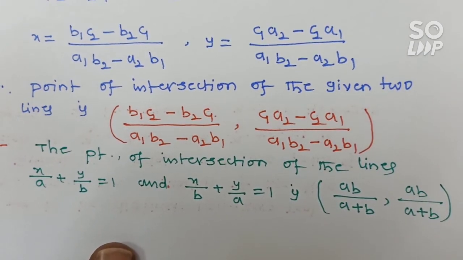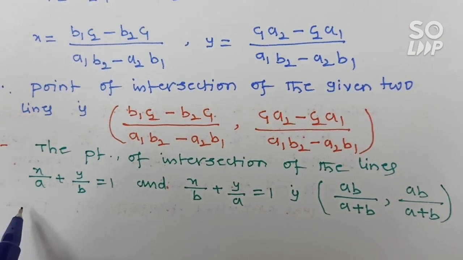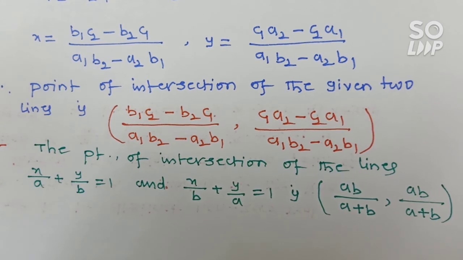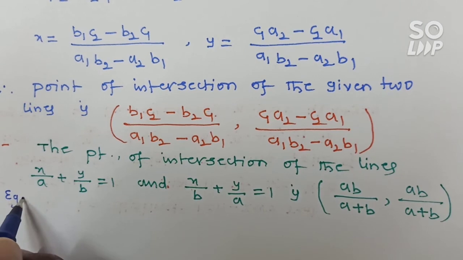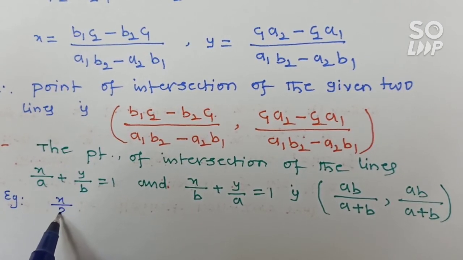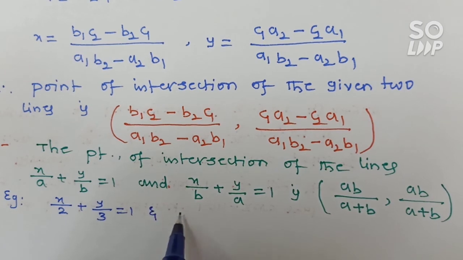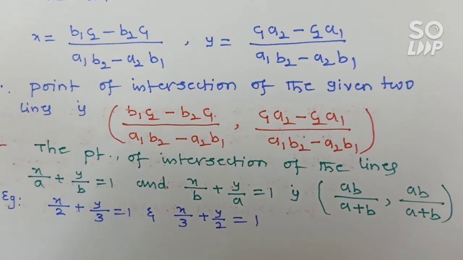So now you take one example. Suppose you take the lines x by 2 plus y by 3 is equal to 1 and x by 3 plus y by 2 is equal to 1.